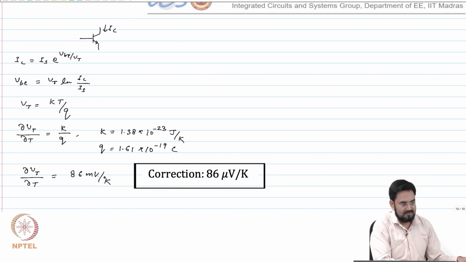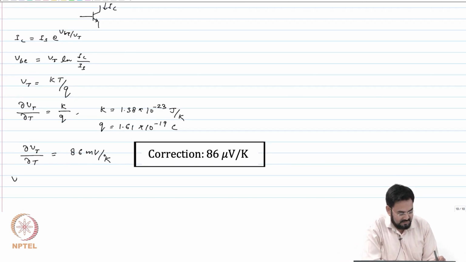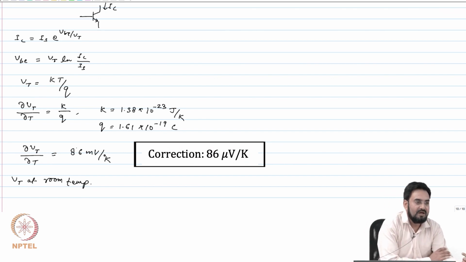Right. So what will be the VT at room temperature? How will you find VT at room temperature? How many kelvins do you have at room temperature? 300. So just multiply 86 by 300.